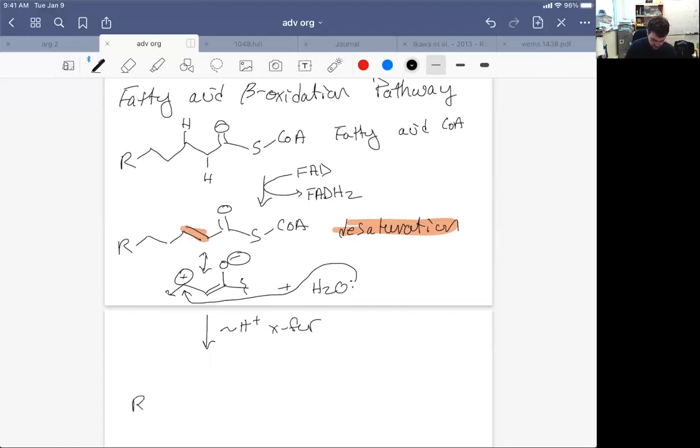And we get the beta hydroxy. Look at that. Now we have a beta hydroxy carbonyl. Well, this is the aldol product, and previously we had the aldol condensation product.